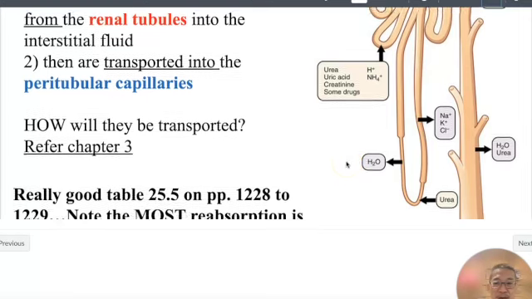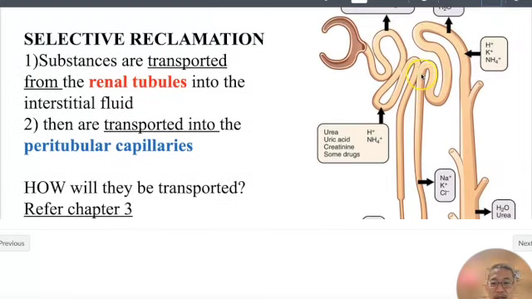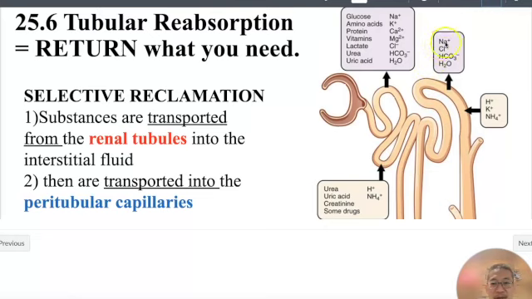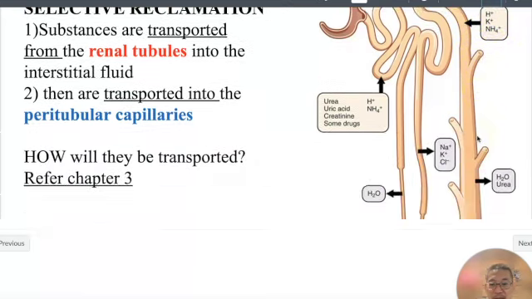Then we go into the distal convoluted tubule. More salt, everything will be absorbed here, and here we will absorb more hydrogen ion and more ammonia. That's how urine becomes more concentrated.